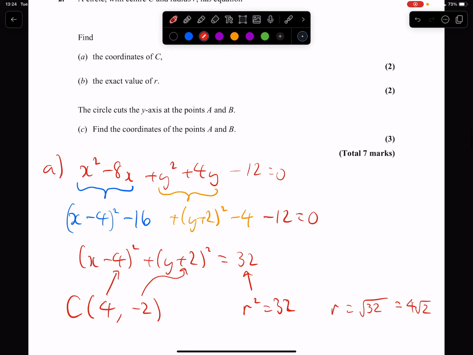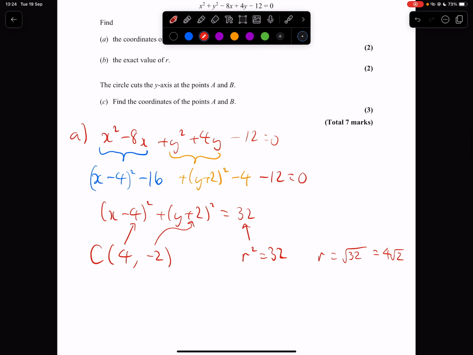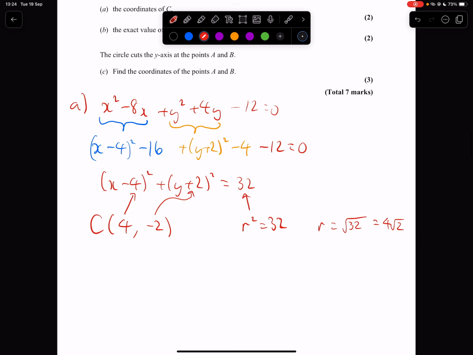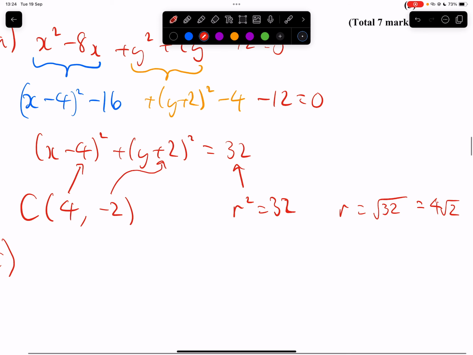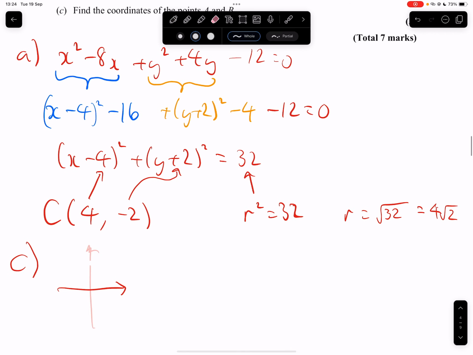The circle cuts the y-axis at A and B. Find A and B. So the main thing that you need to do at the start of this is that the y-axis is when the x coordinate is equal to 0.